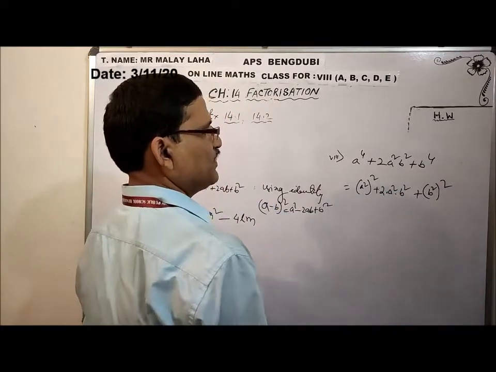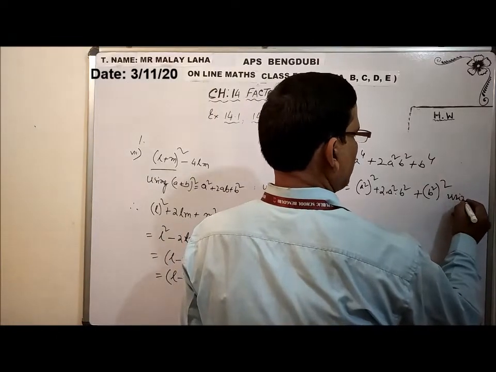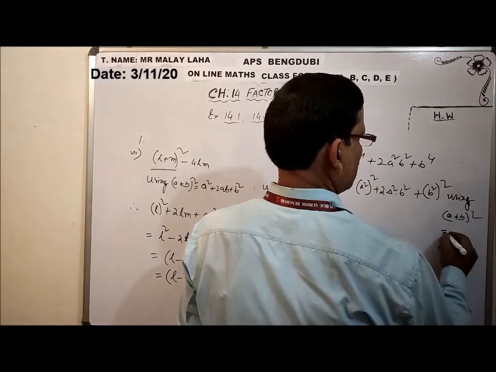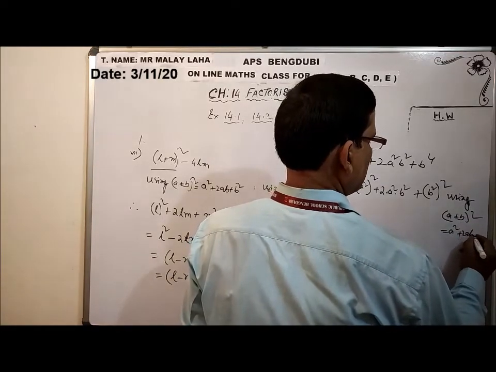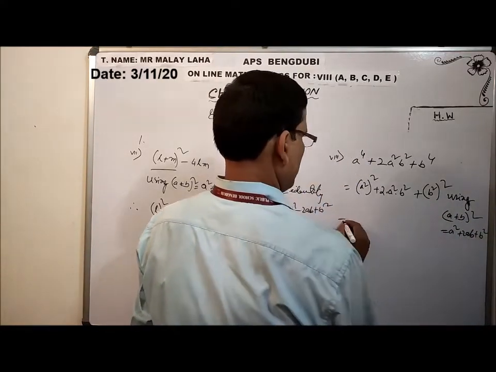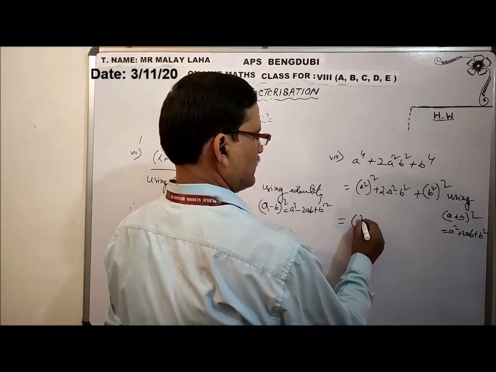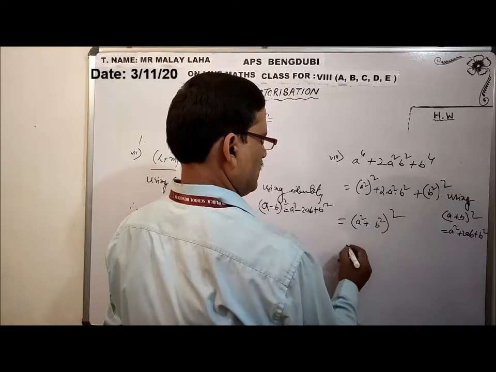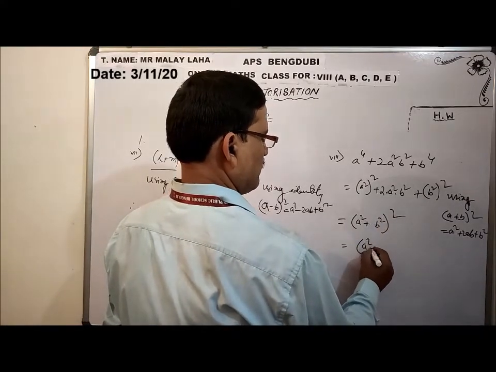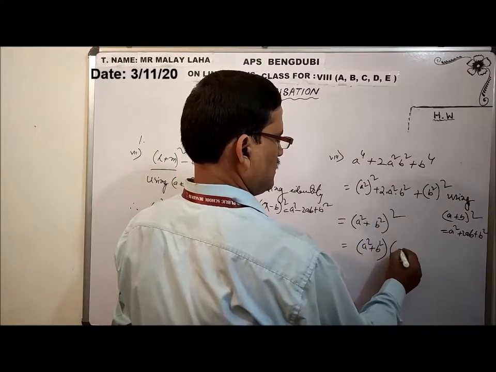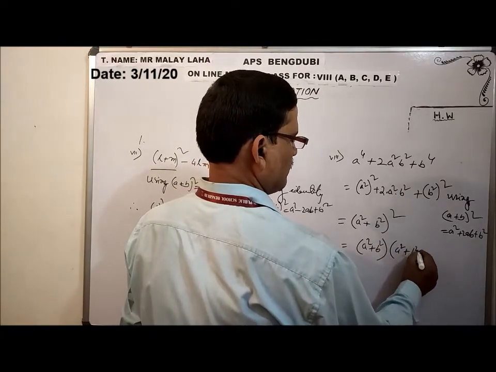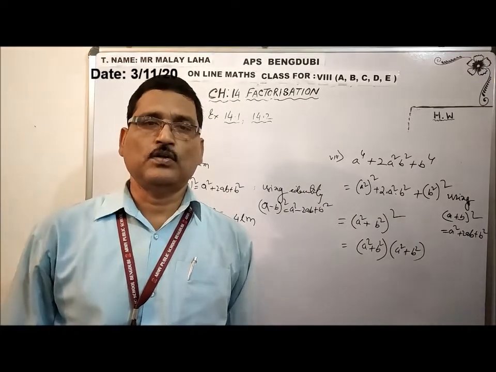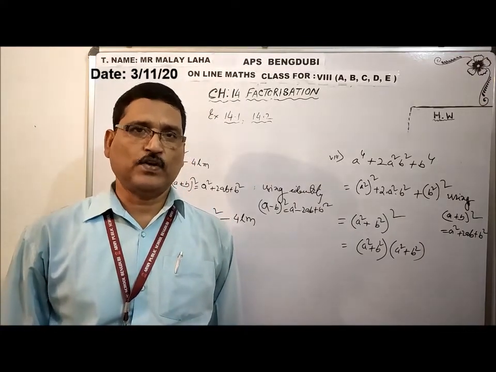So now it is the identity of a plus b whole square, a square plus 2ab plus b square. So a is which one? a square. And b is which one? b square whole square. That means a square plus b square into a square plus b square.